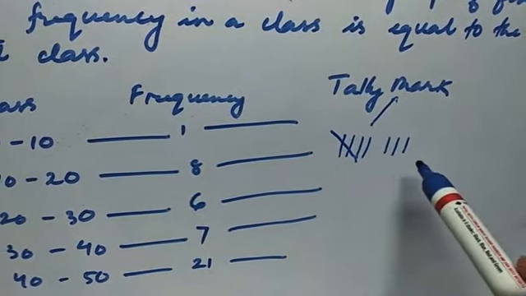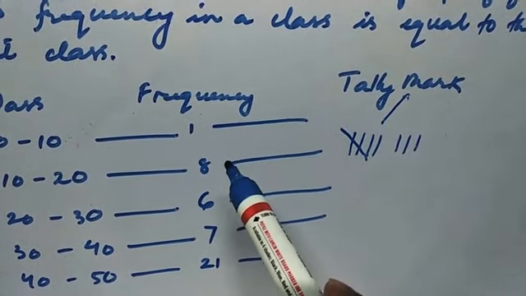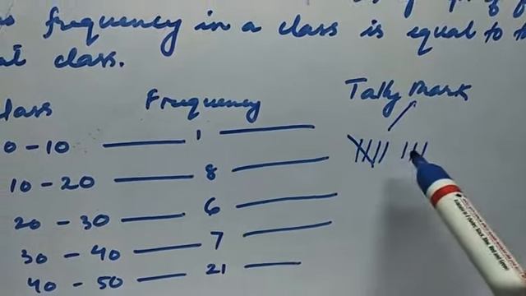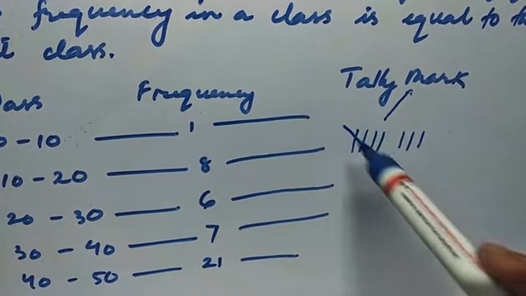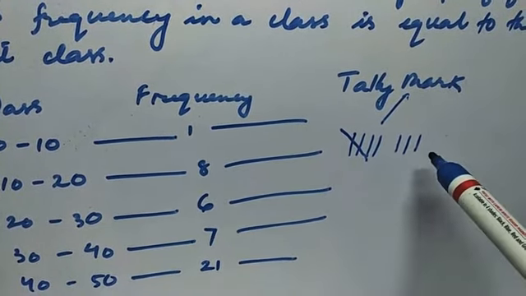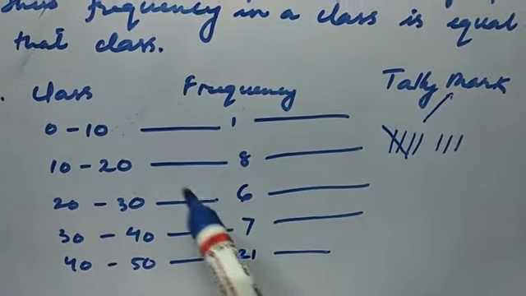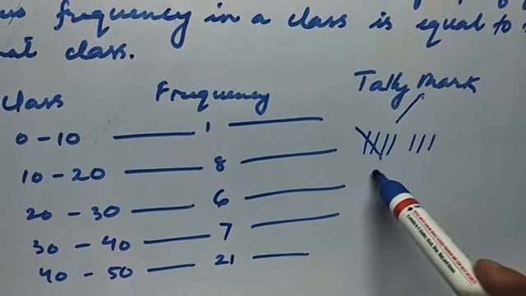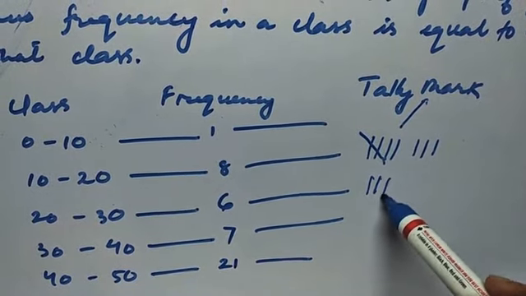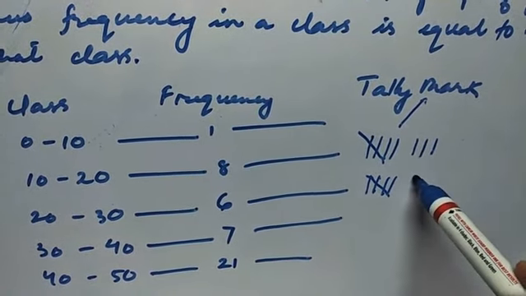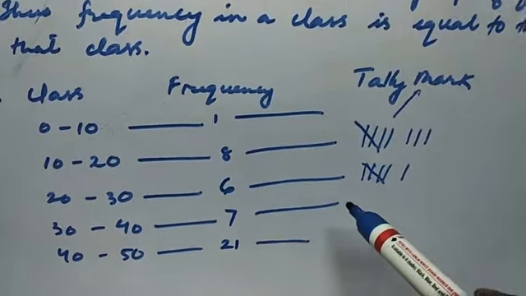That is the tally mark for a frequency of 8. And in the class of 20 to 30, we have a frequency of 6: 1, 2, 3, 4, 5, 6. That is how we make a tally mark.